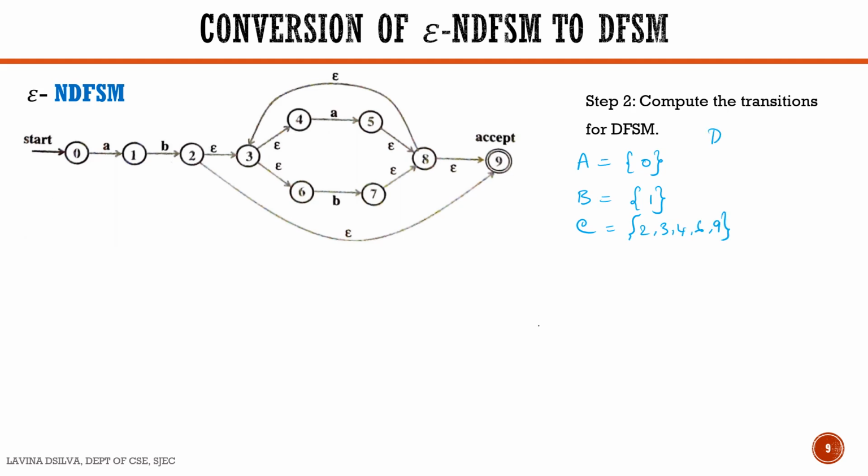Then state D was equal to 3, 4, 5, 6, 8, 9. And we have E. E was equal to 3, 4, 6, 7, 8, 9. Okay. Now we'll write the transition table.